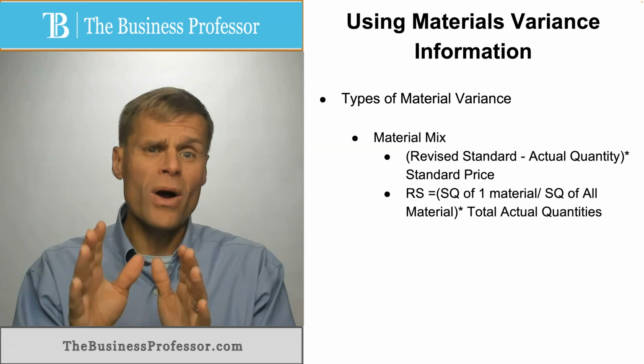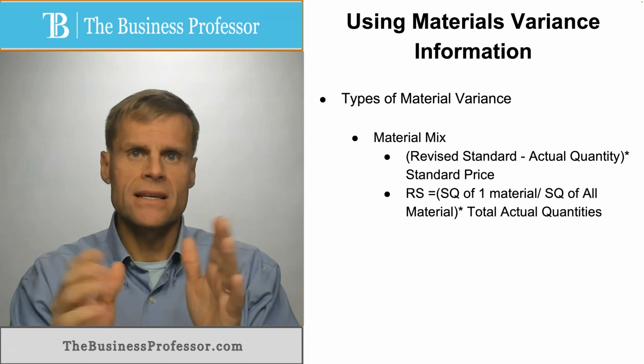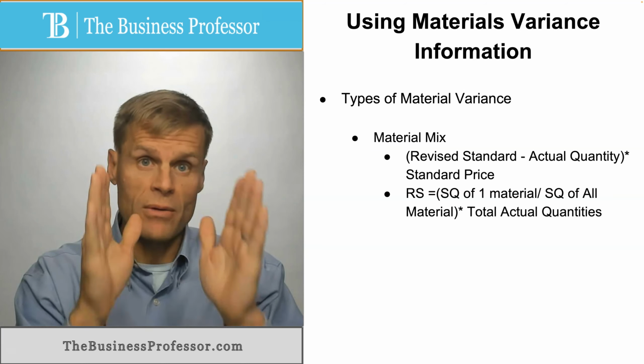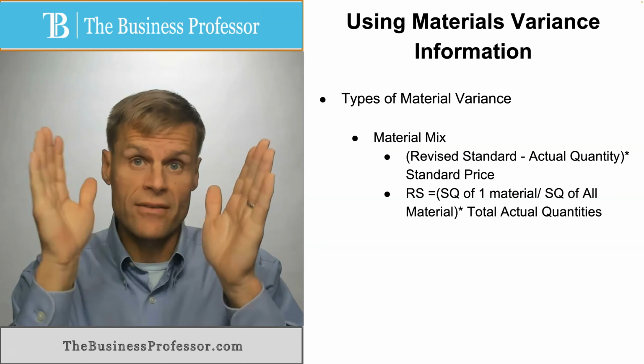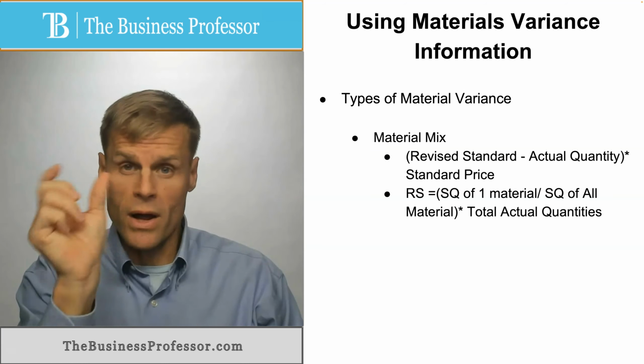So what percentage would you be using times the actual quantity? That would be your revised quantity. Subtract that from the actual quantity so you get the difference, and then you get the value by multiplying it by your price at hand.